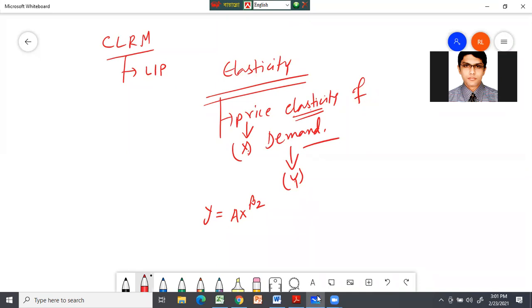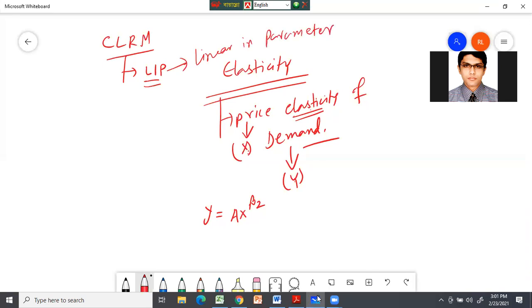Because our main objective is, whatever the type of the variable is, whether it is linear or non-linear, doesn't matter. According to the first assumption of the CLRM, the parameter of the linear regression model should be linear. That's why LIP, which stands for linear in parameter, has been used.